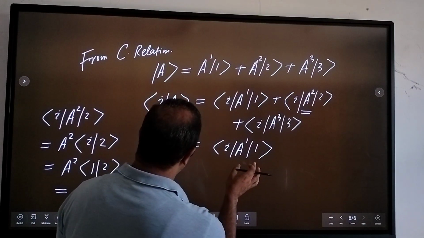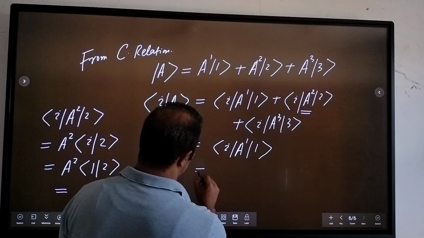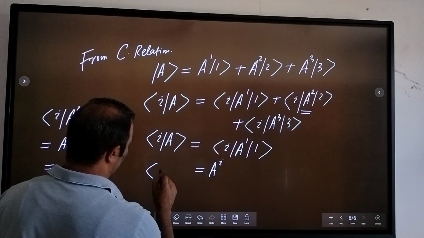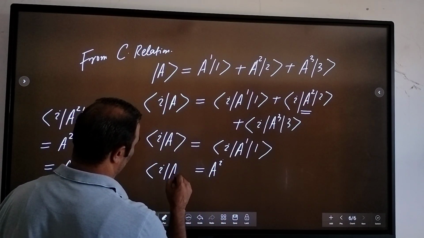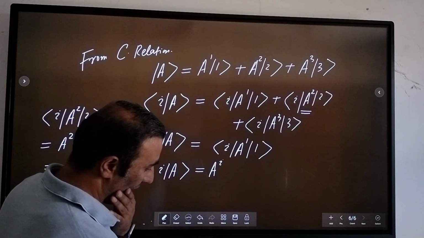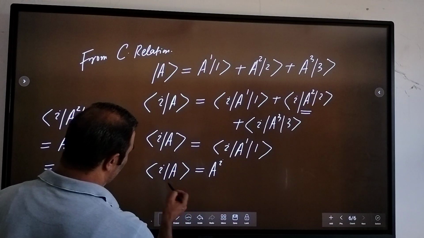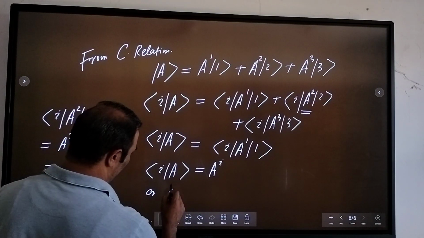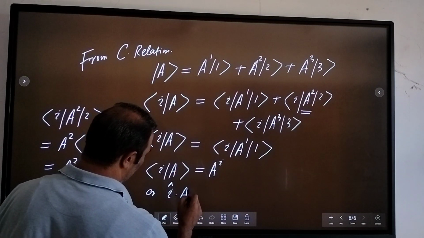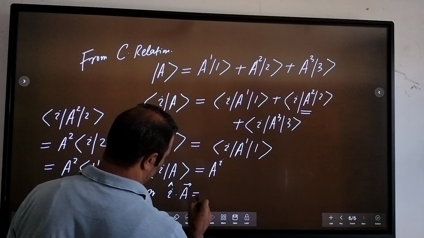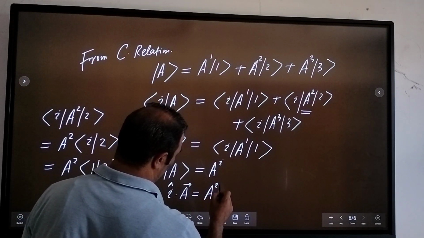So this is our AI component, because that is equal to I with A, okay, or you can rewrite this term as I dot A, I dot A will be equal to, yeah.